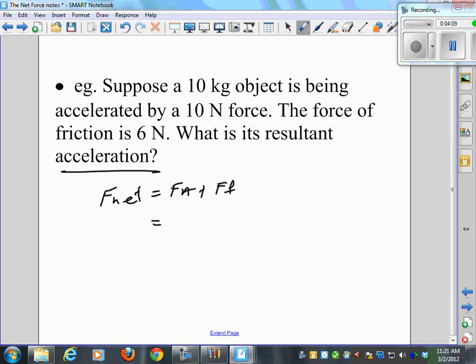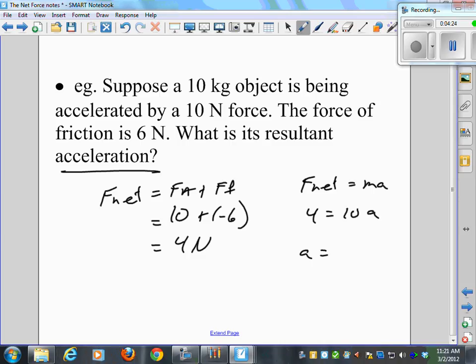The applied force is 10 plus minus 6. My net force is 4 newtons. Now F net is equal to ma: 4 newtons, 10 kilograms, A equals 4 over 10, or 0.4 meters per second squared. Pretty easy, right?